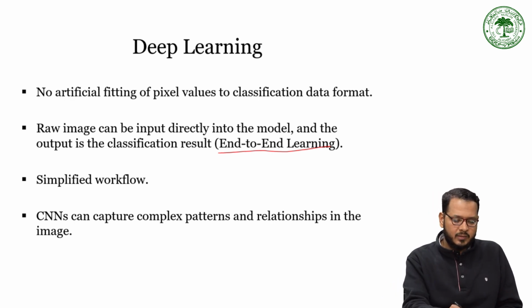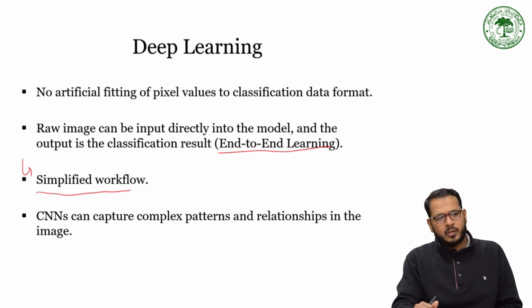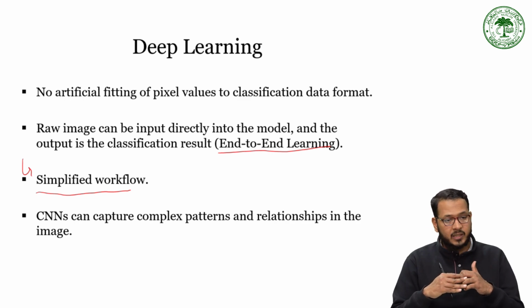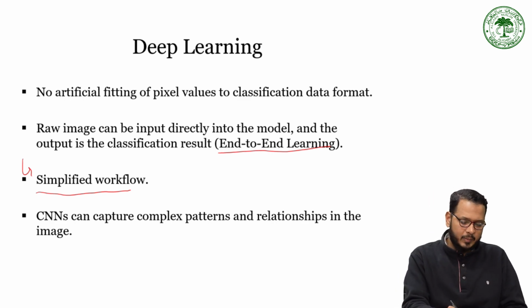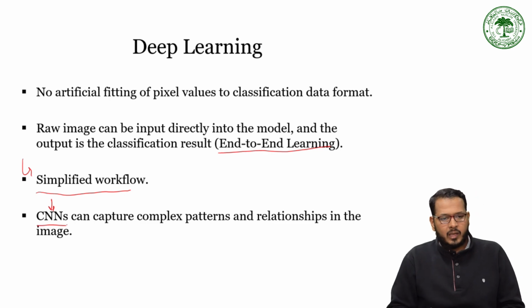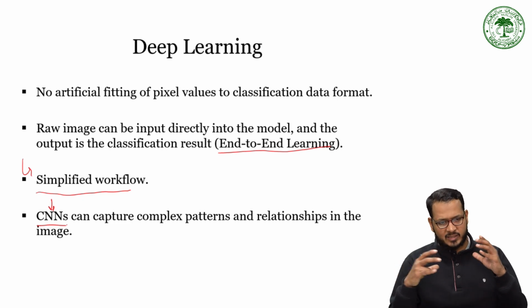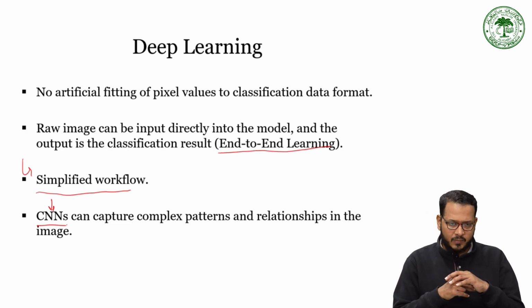What it has done is it has simplified the overall workflow where pre-processing steps have been either simplified or have been removed altogether. In the case of image classification, CNNs are the preferred choices, and the primary reason is that CNNs can capture complex patterns within the image and can identify the relationships between the different segments of the image very effectively.